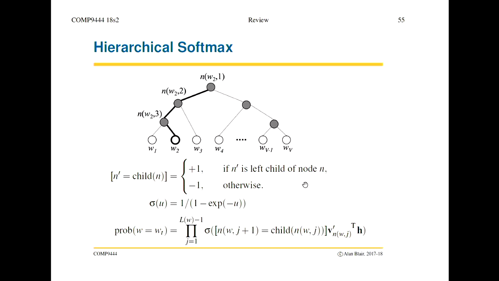So this is where the probability comes in. You're looking at the probability of the correct word being predicted, and the word occurs somewhere in the tree, and so the L(w) is the depth at which it occurs, and these n(w,j) are the nodes that you go through in order to get to that word, and each of these has its own vector, and h is the output at that particular time, the output of the network.